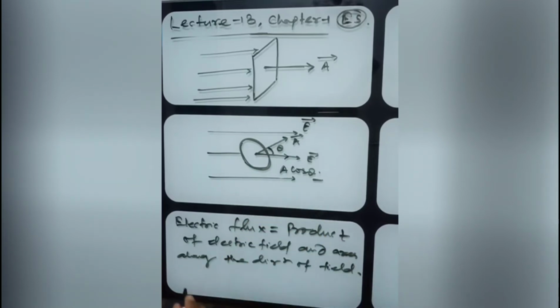If you write, this flux will be in this way: E A cos theta.